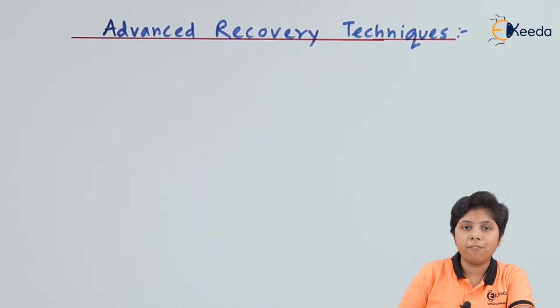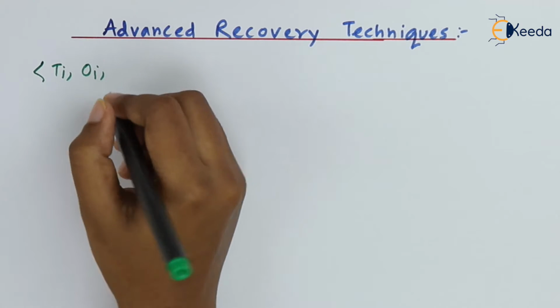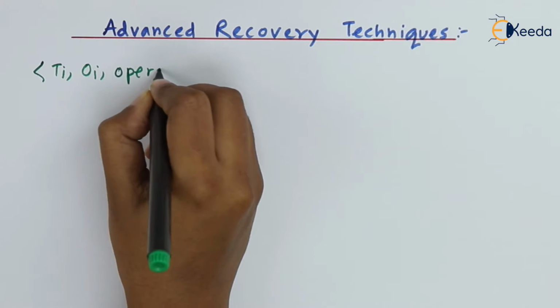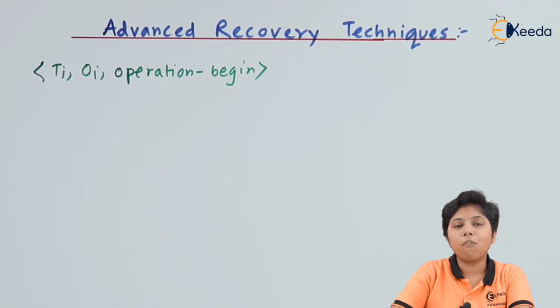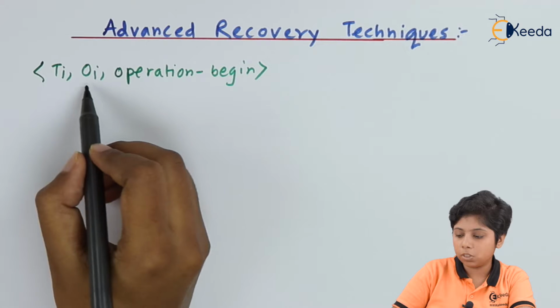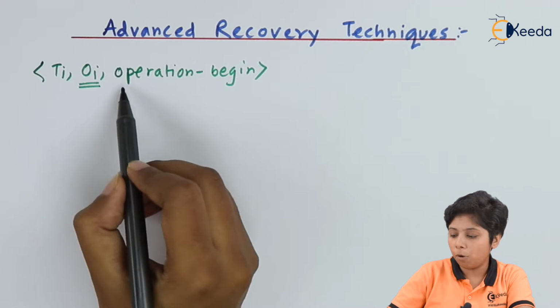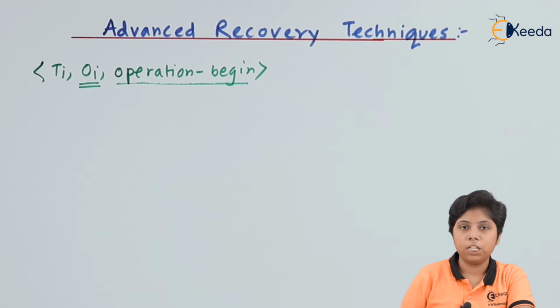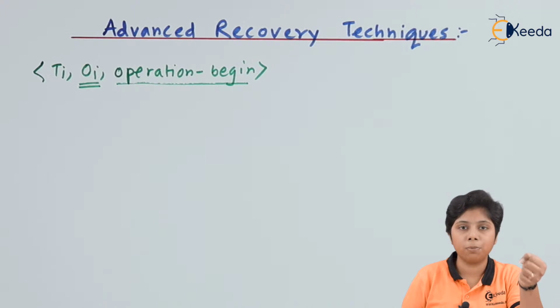Say I have a log record with the operation begin. With this log record, we specify that a transaction with this operation identifier Oi is beginning an operation. So the log record we maintain specifies that there is an operation that we will perform now.